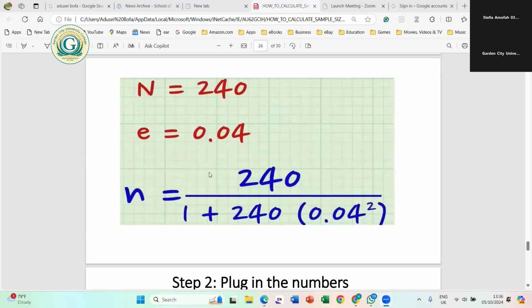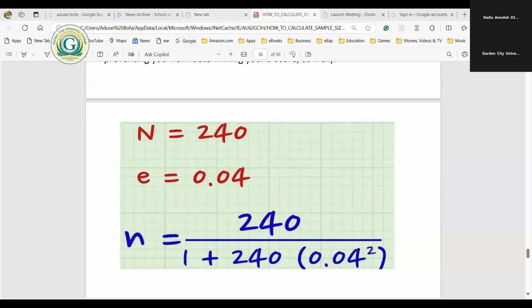The network is, I'm having problem with my network. So sorry, the network just went off.